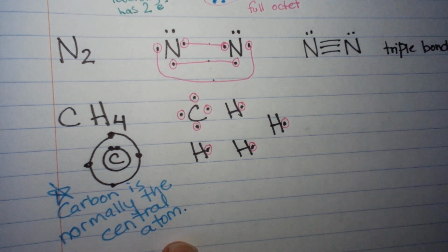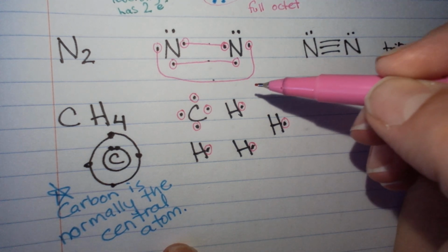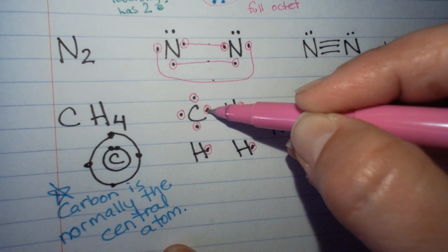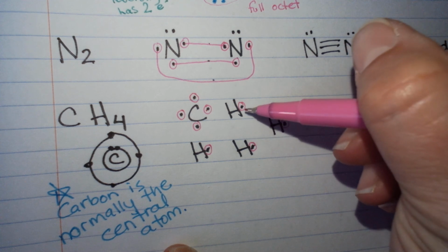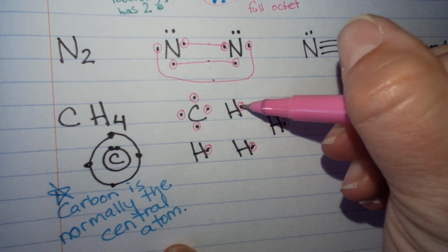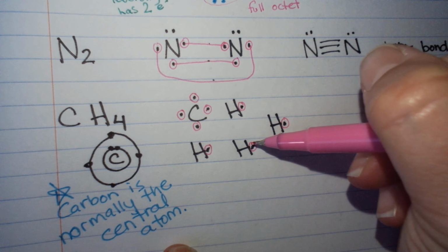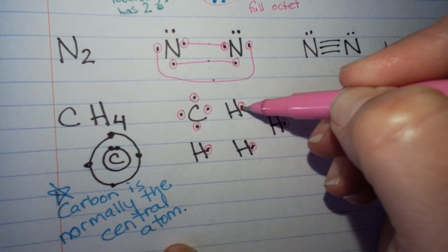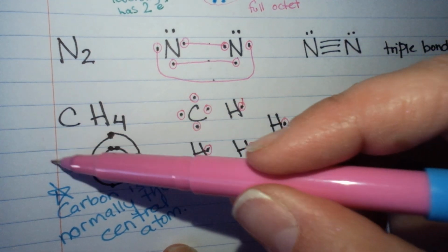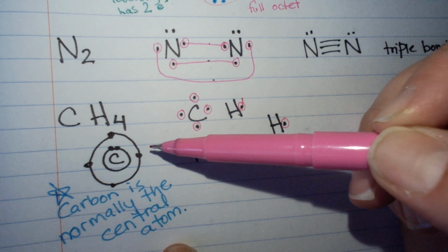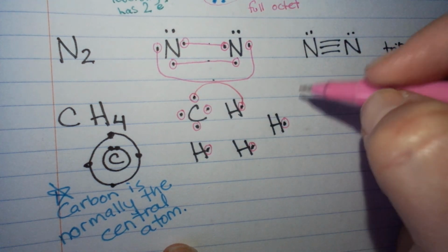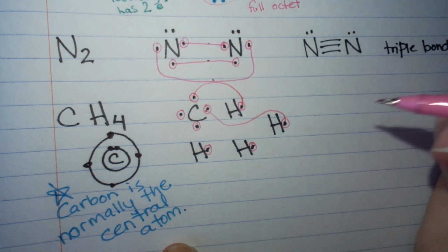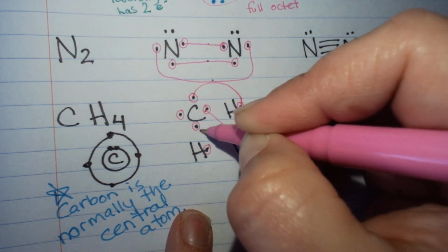So if we think about that, we're going to connect carbon to everything else. And that makes sense because if I connect these two hydrogens together, are they capable of connecting to any other atom? No, because they don't have any more lonely electrons. So if we want this to all be one molecule, as it says, as it's sitting there, then we're going to connect the lonely electron of hydrogen to carbon. The lonely electron of hydrogen to carbon. And continue that pattern.